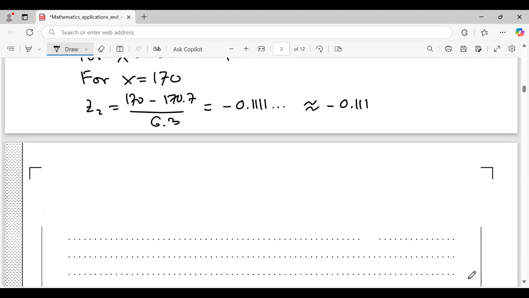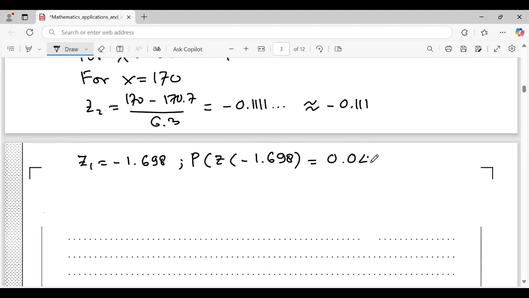So I'm going to write here that if z1 equals minus 1.698, the probability z less than minus 1.698 equals 0.0455.